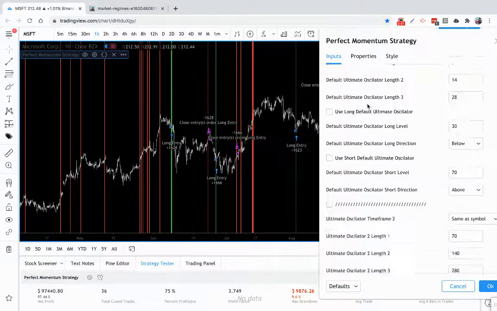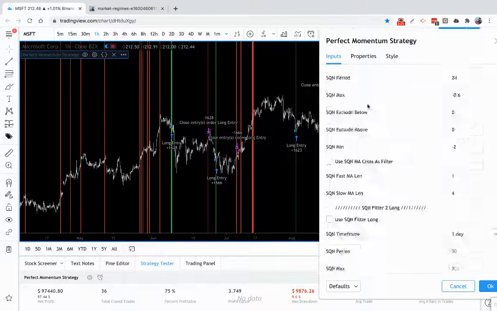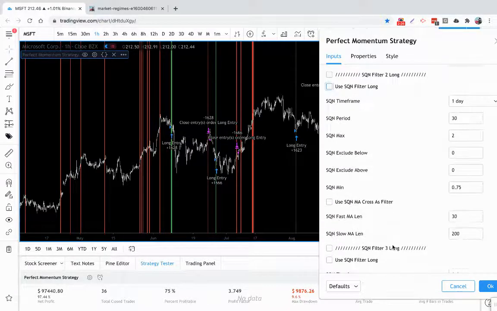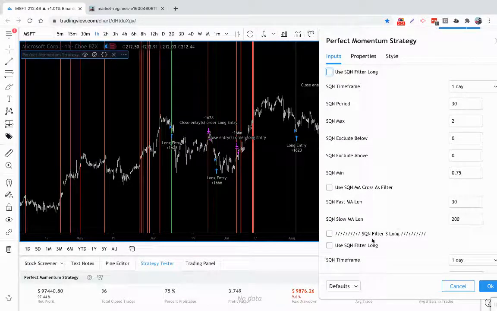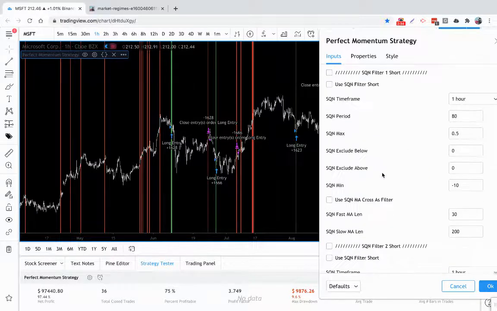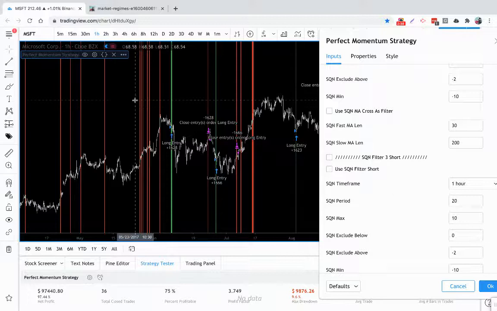So we can go over to our market regime settings and we can look for those conditions. We have 1, 2, 3 market regime filters for longs, and we have 1, 2, 3 market regime filters for shorts.